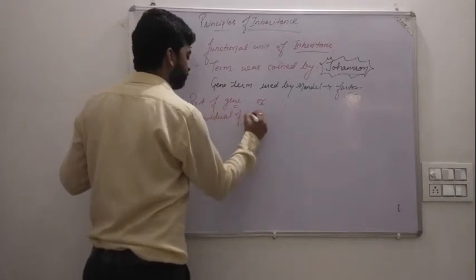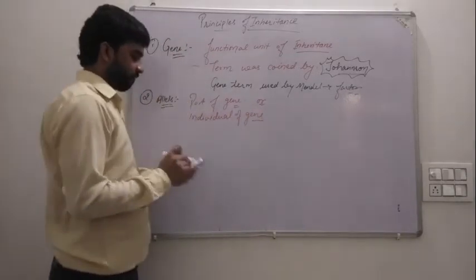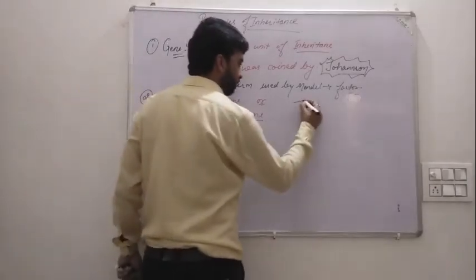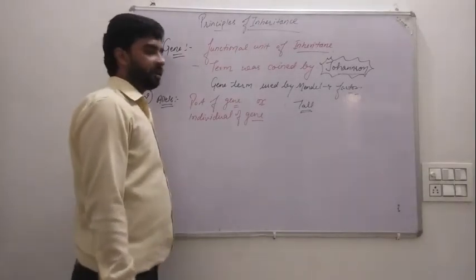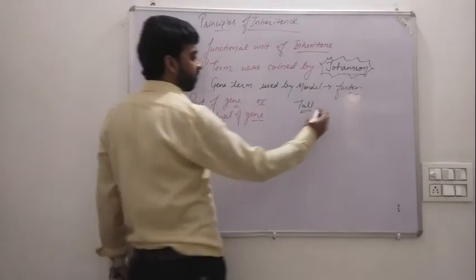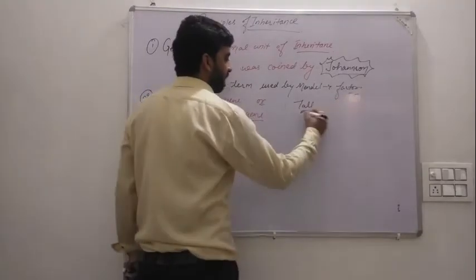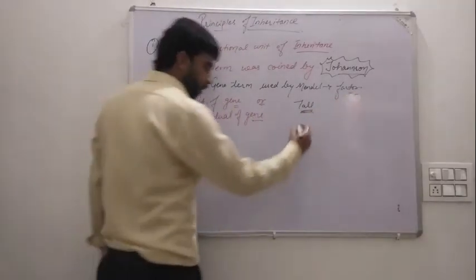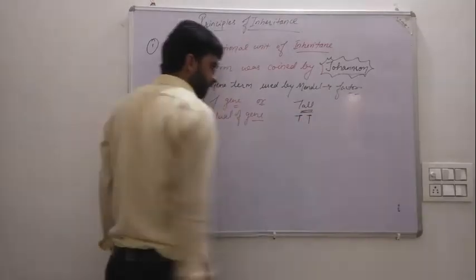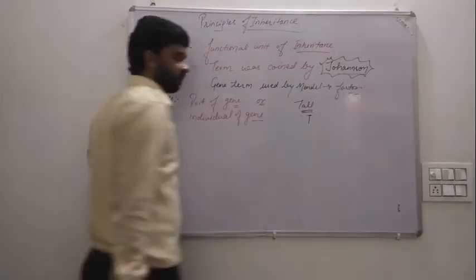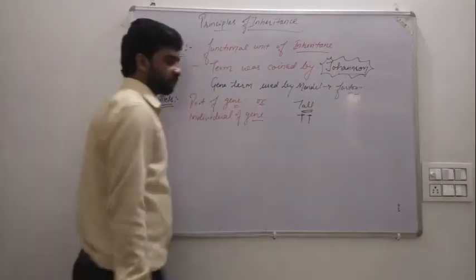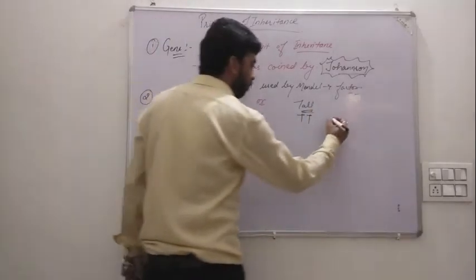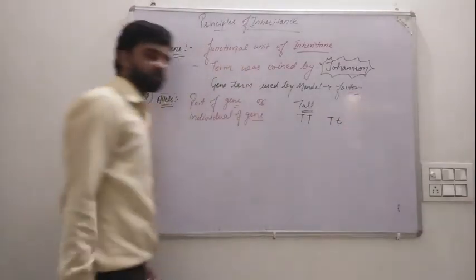For example, we have a tall character. As we discussed in our previous video, the pea plant has 7 characters, and among them one is plant height. Plant height, that's a tall character, represented by the letter T. We know that parents are diploid, so they have T and T or T and a small t.